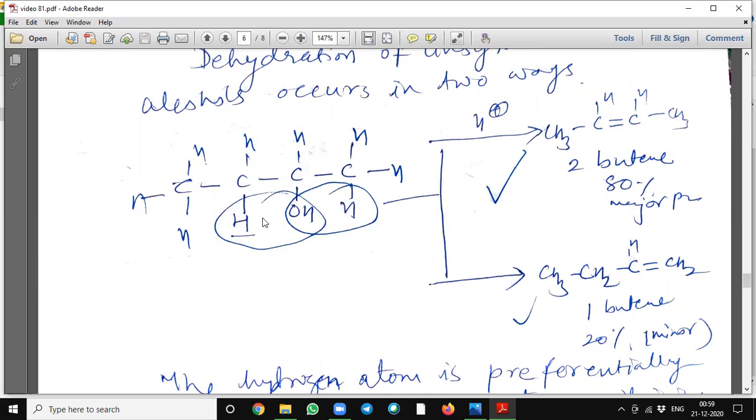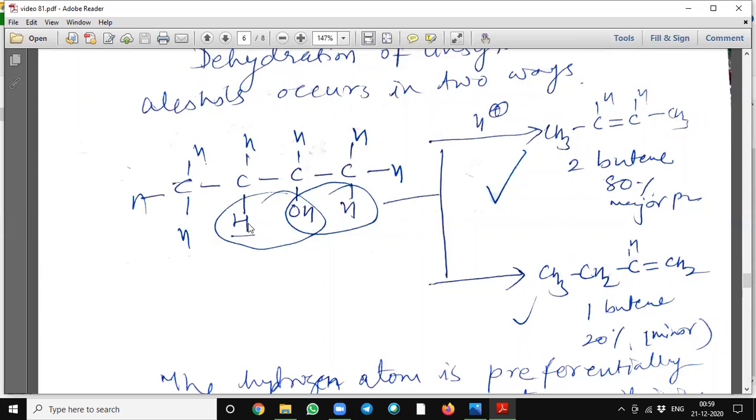But according to Saytzeff, the proton is removed from the adjacent carbon which has the lower number of protons. Here this carbon has 3 protons whereas this carbon has 2 protons.